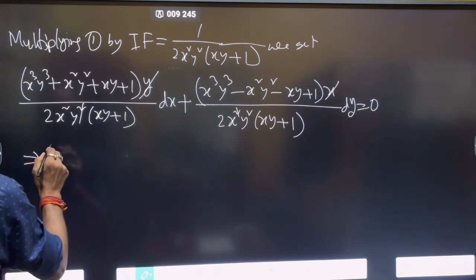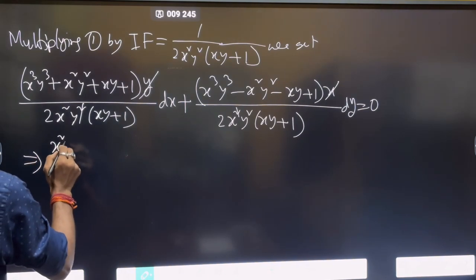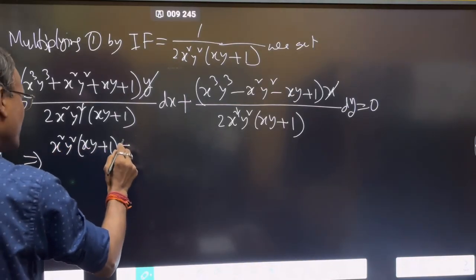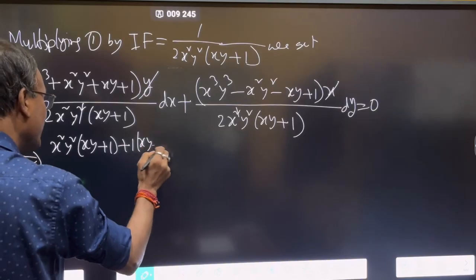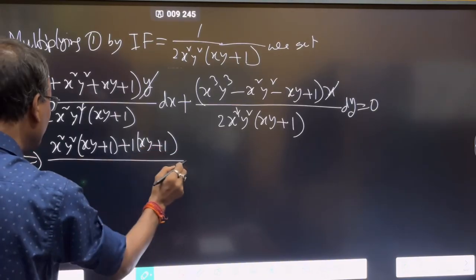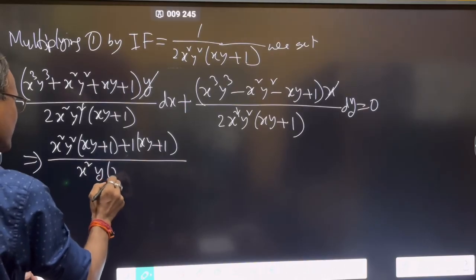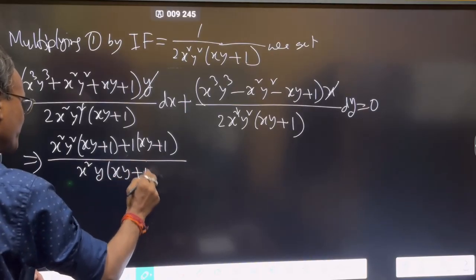This means you may write here x square y square into xy plus 1 into xy plus 1, divided by x square y, xy plus 1.